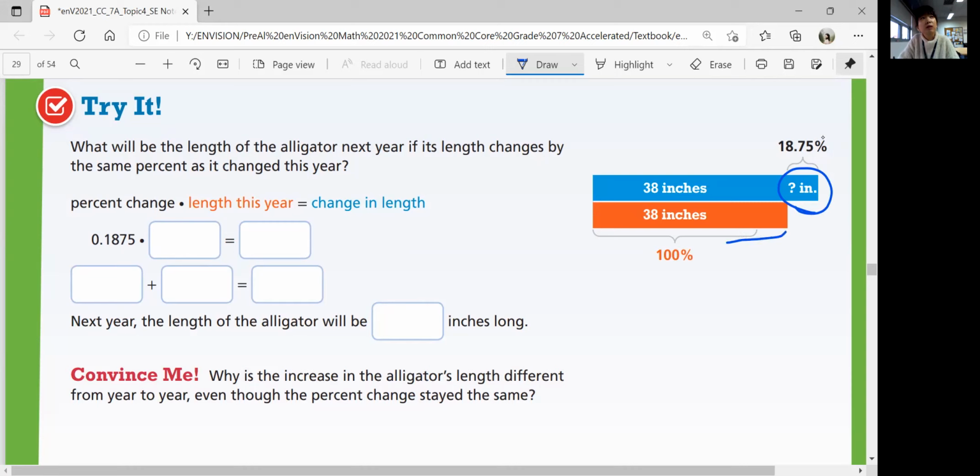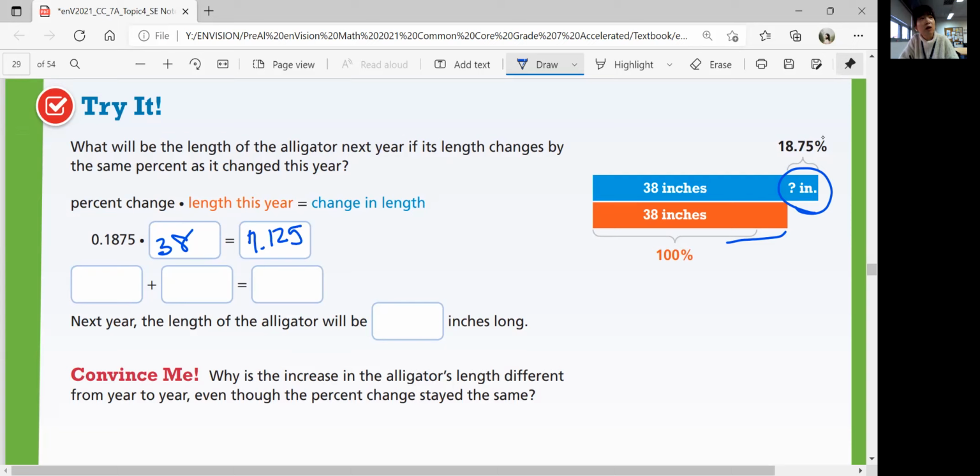And we're going to try to figure out what's 18.75% of 38 inches. So use the part equation, percent change times the length of this year, which is 38, is equal to change in length. So you multiply that out, but the change in length would be 7.125.